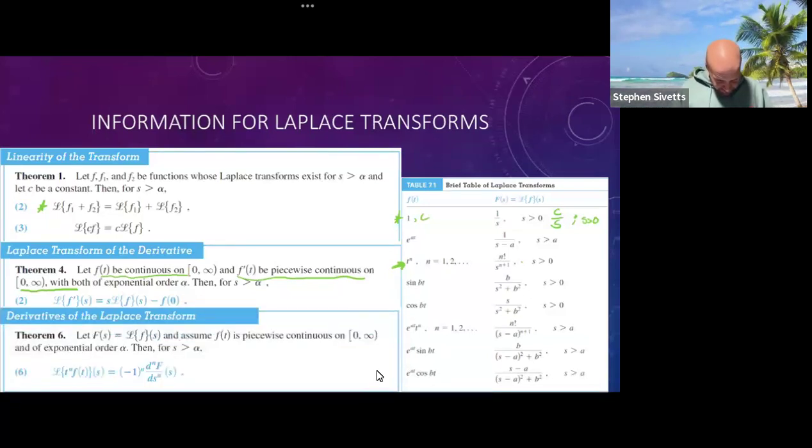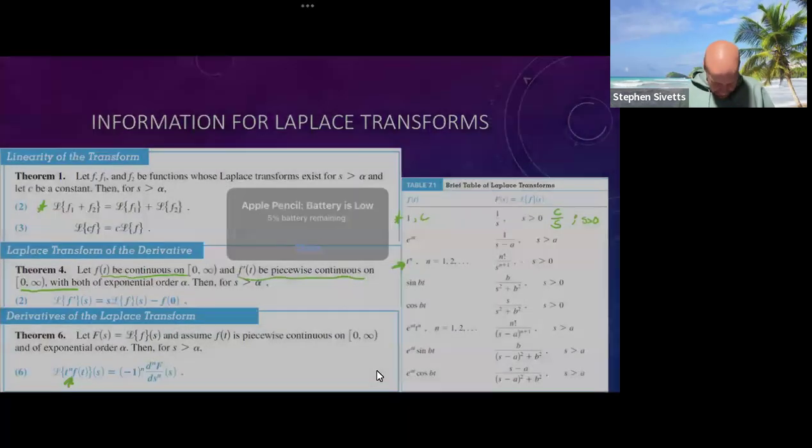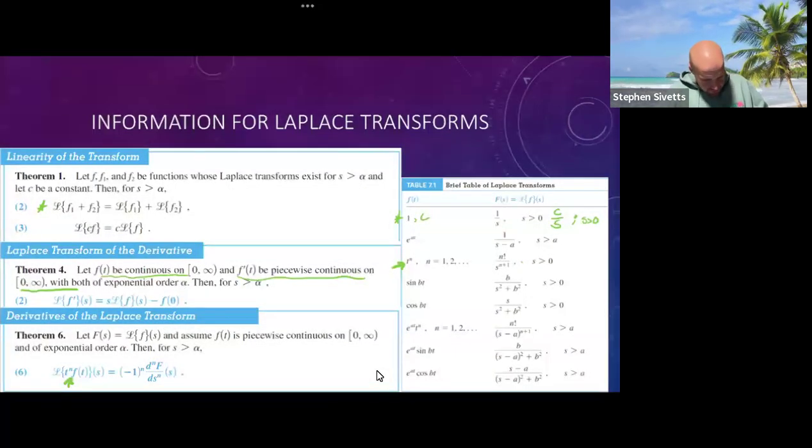And then just to take it a little bit more abstract, these are the derivatives of the Laplace transform. So t to the n, they're saying the nth derivative of the function of t.